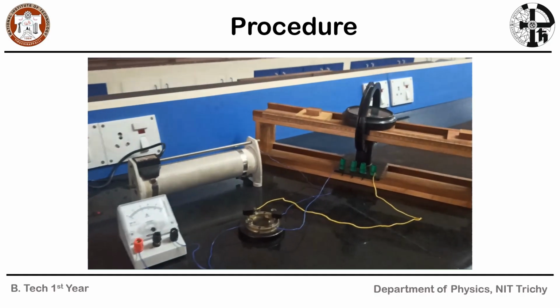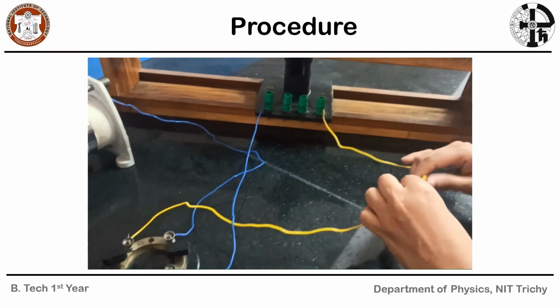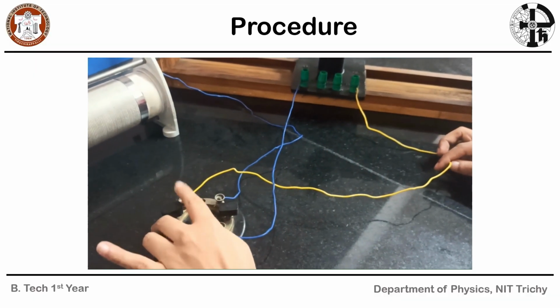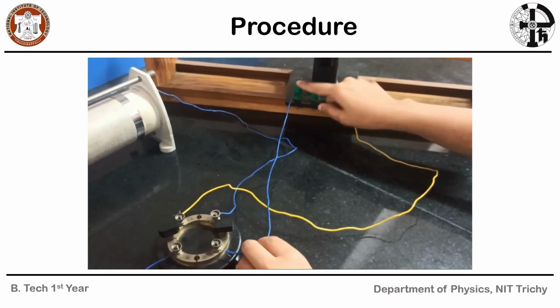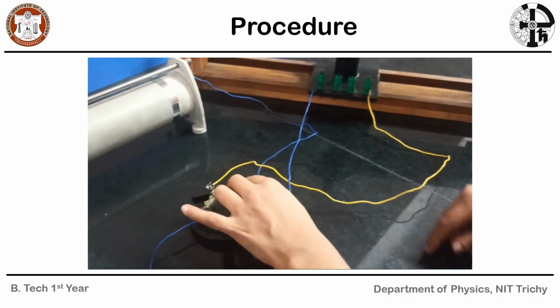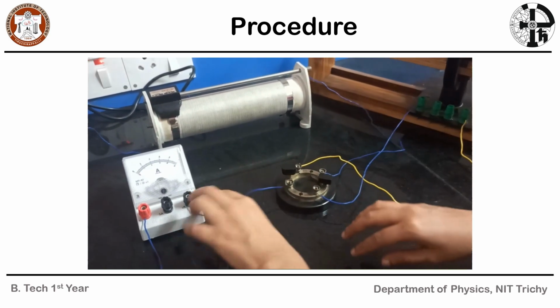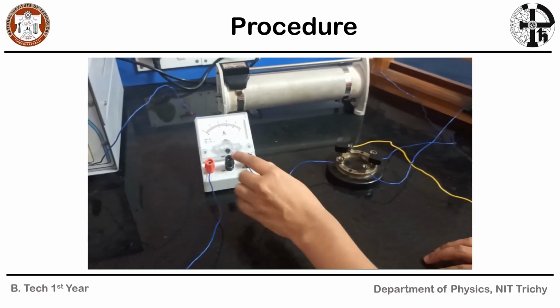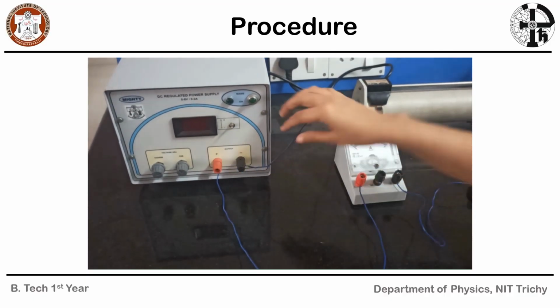After arranging the circular coil apparatus, we will set the number of turns by choosing the appropriate terminals, and it is connected to one pair of the 4-way key. And from the other pair, one is connected to the rheostat, and from the other, it is connected to the ammeter, and from the ammeter, it is connected to the power supply, and from there, back to the rheostat.